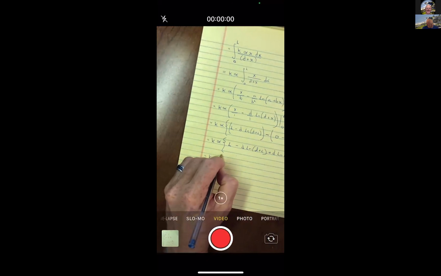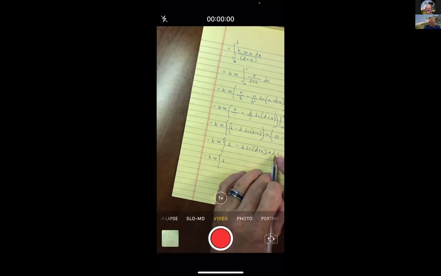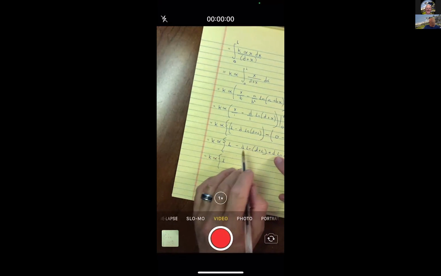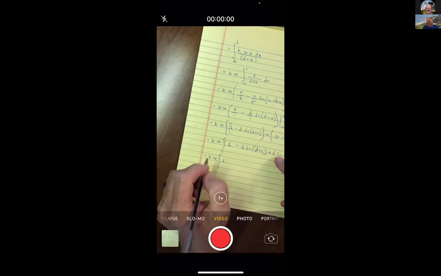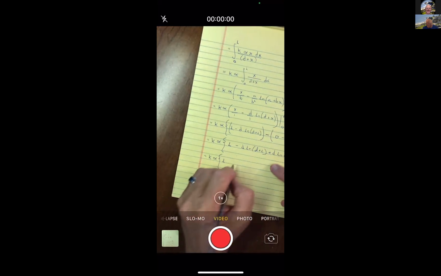Coulomb's constant times alpha. Here's the L. Now, each of these have a d in it. So I'm going to factor out a d, or should I factor out a minus d? Maybe I'll factor out a minus d.